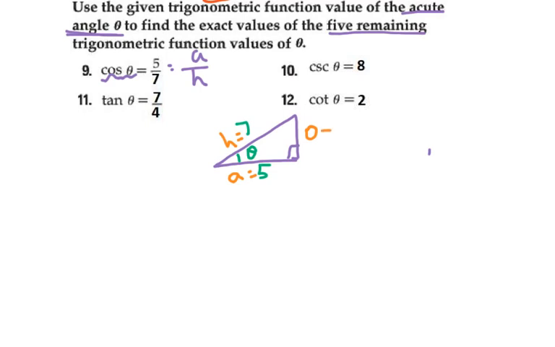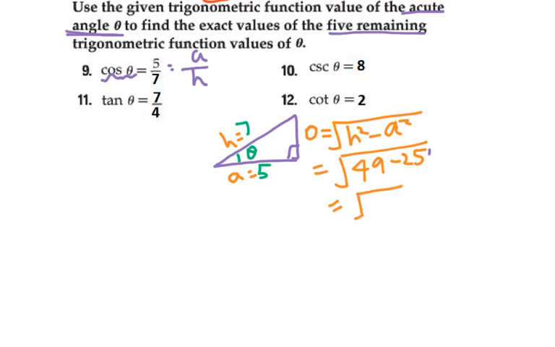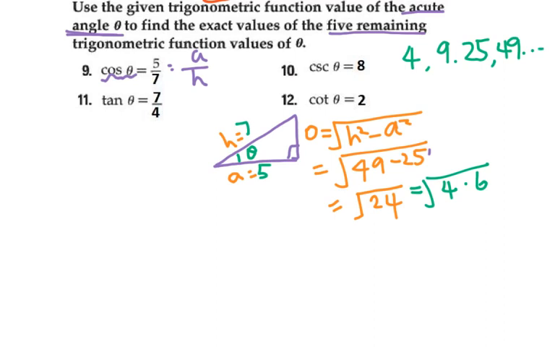So we are looking for the opposite side, because this is the adjacent side and here is the hypotenuse side. What's the opposite side? You will use H squared minus A squared, then do the square root. So you have 49 minus 25, you will get square root of 24. Then we simplify the square root of 24, that's 4 times 6, using 4, 9, 25, 49, and keep going to simplify that radical.